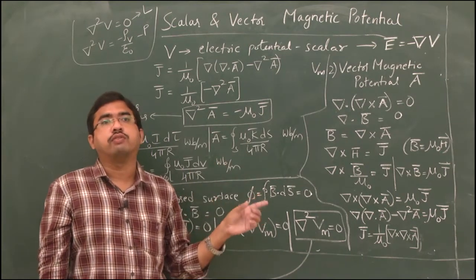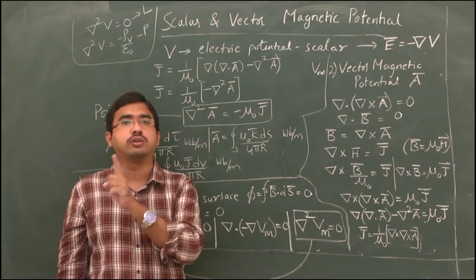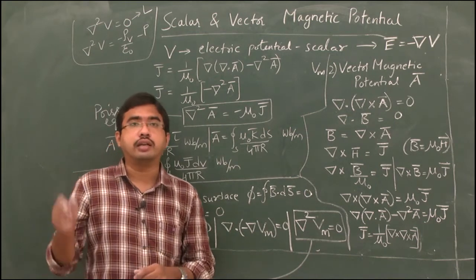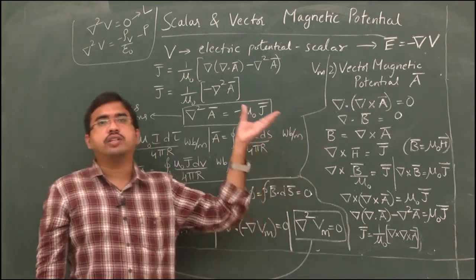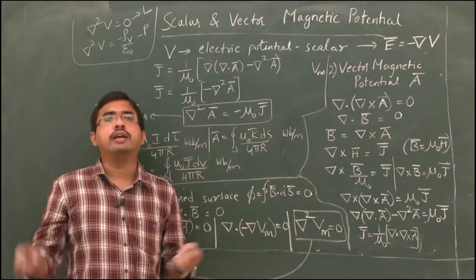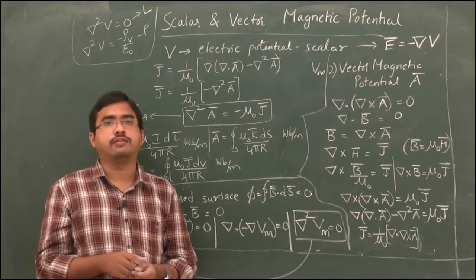Maxwell's equations: for Gauss law, del dot D bar equal to rho v in point form, and Q equal to integral D bar dot ds bar in integral form. For conservation of electric field, del cross E bar equal to 0 in point form and integral E bar dot dl bar equal to 0 in integral form.